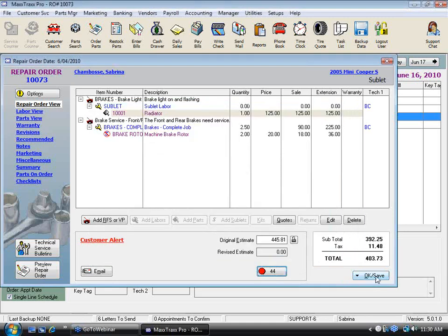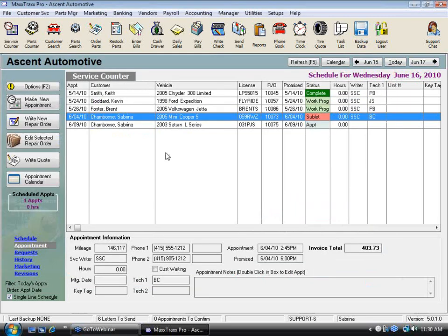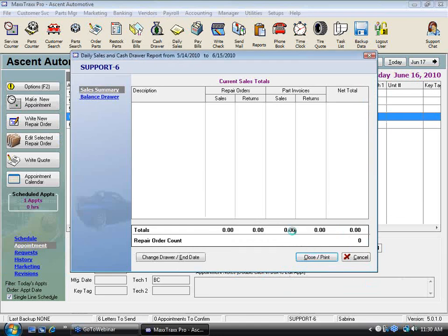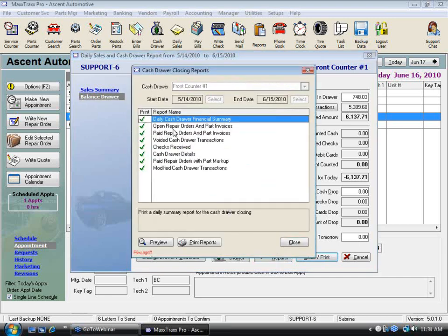Now, the other thing that people also use as a tool to track their productivity is when you close out your daily sales. If you looked at these reports, you have this paid repair orders with part markup.